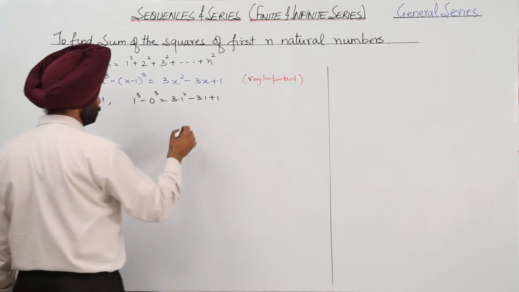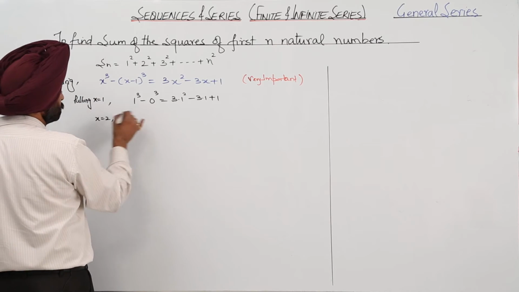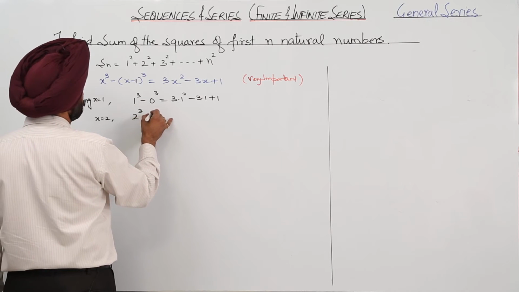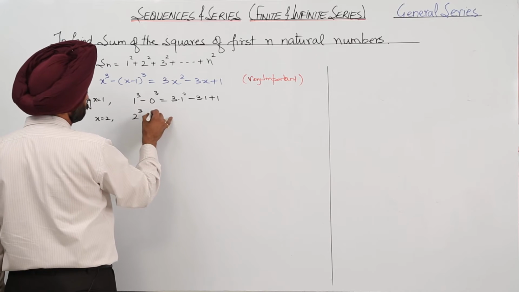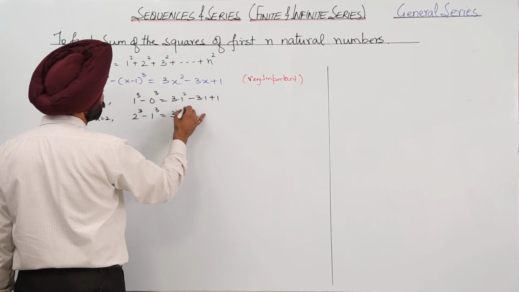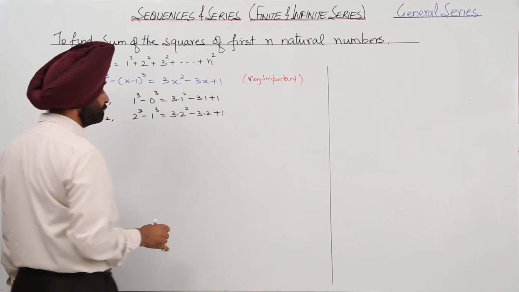Putting x equal to 2, 2 cube minus 1 cube equals 3 times 2 square minus 3 times 2 plus 1.